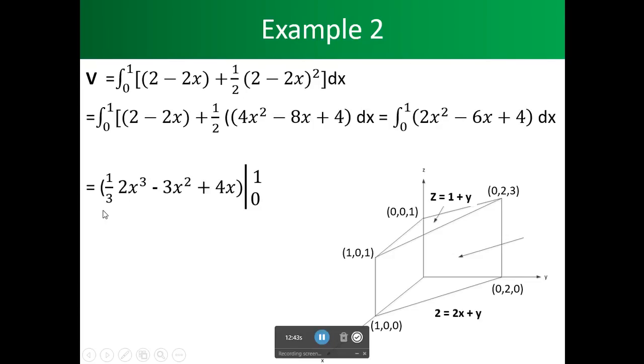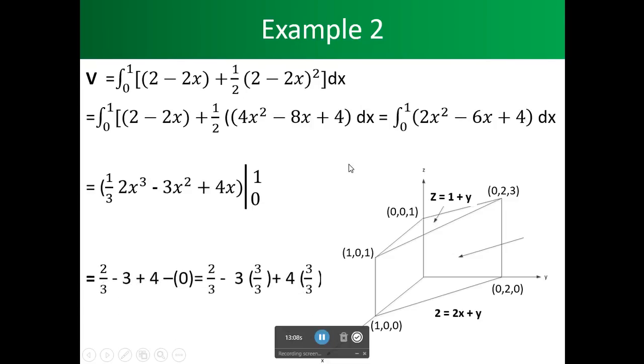It's raised to the third power divided by 3. The minus sign stays. And we take x squared to the 1/2. So 1/2 of 6 is what? 3. X squared. And then we just have 4. So that'll be 4x. Then we're going to plug in the values for what?